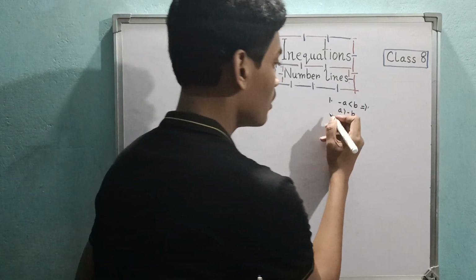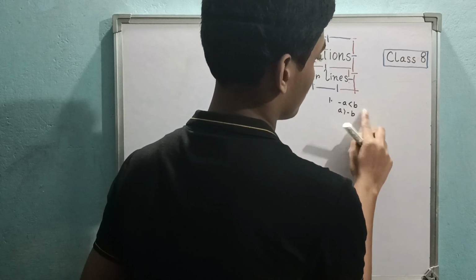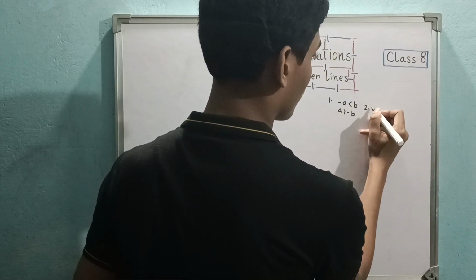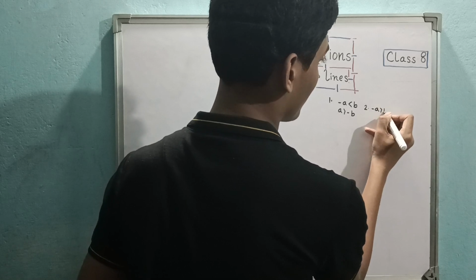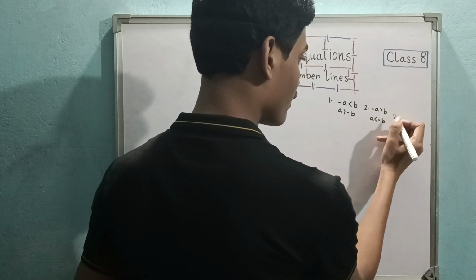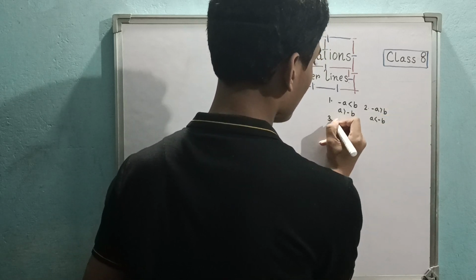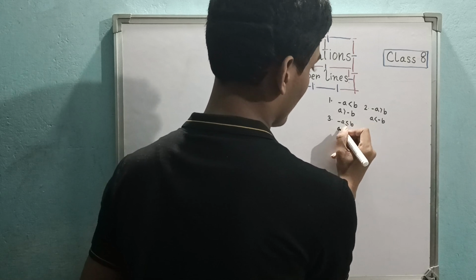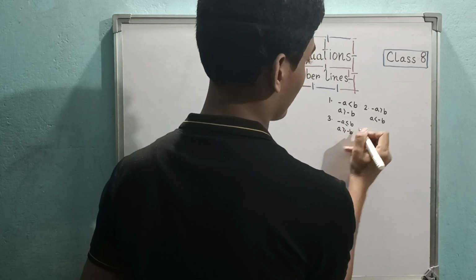And similarly, for minus a greater than b, a is less than minus b. You understand the system? Now again, for minus a less than or equal to b, a is greater than or equal to minus b.